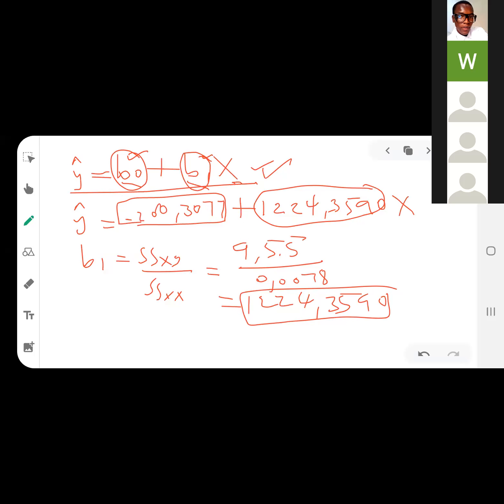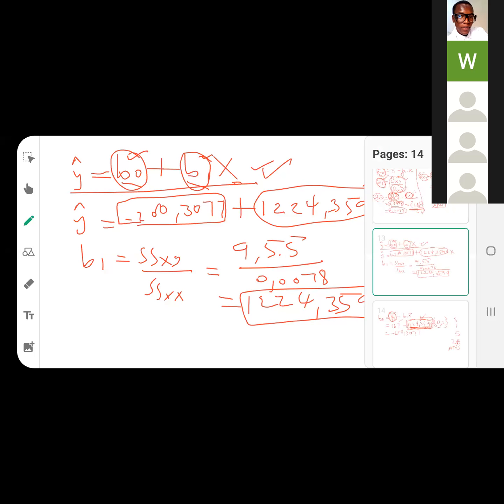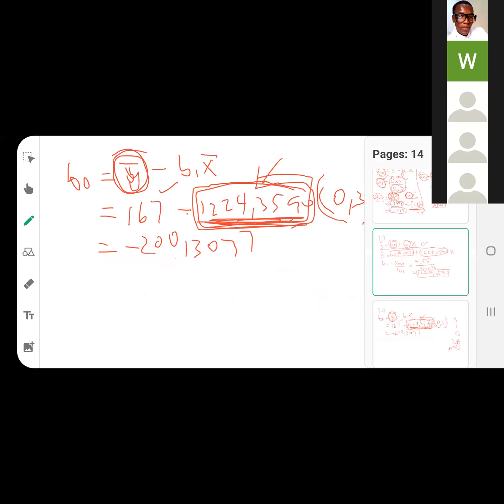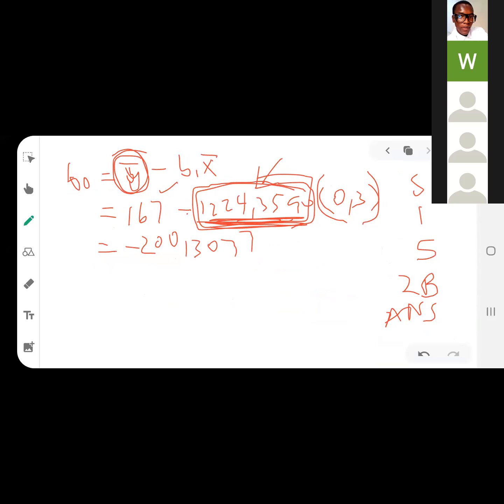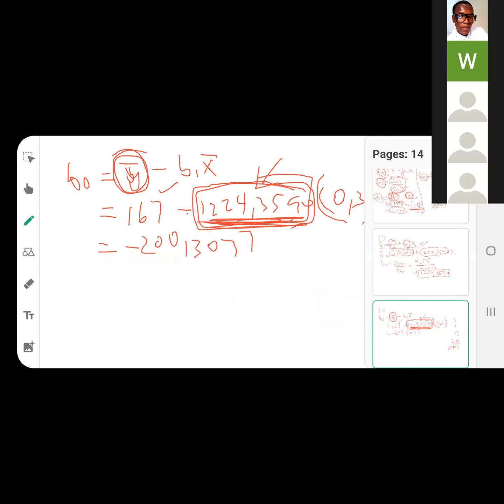Okay. From there, you have your equation, but then it's not complete. The way it is, it is not complete. Now what do we have as the equation?